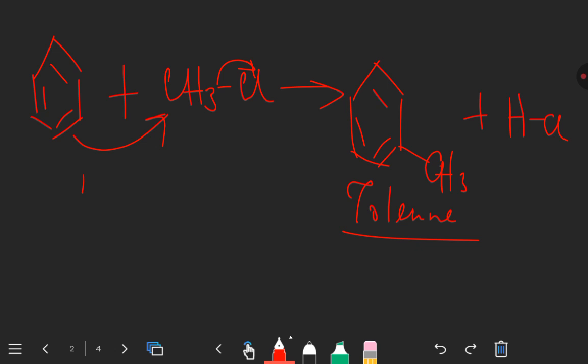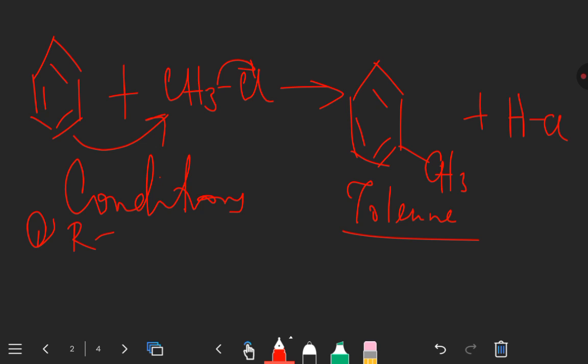Then, when you're talking about the conditions which must be satisfied for this reaction to be successful, of course the first condition is that there has to be the presence of an alkyl halide, an alkyl group attached to a certain halogen.